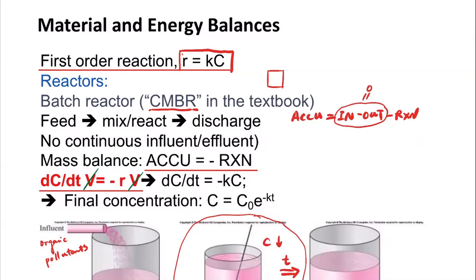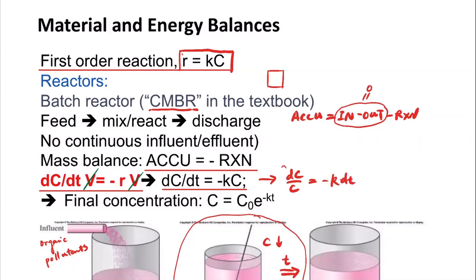And further, since we have the assumption that this reaction is a first order reaction, dC/dt is going to be negative of Kc, right? So this is basically how the concentration is going to change as a function of time. And further, by integrating this equation, first dC divided by C is going to be minus K dt, right?